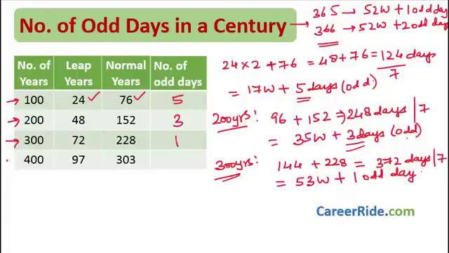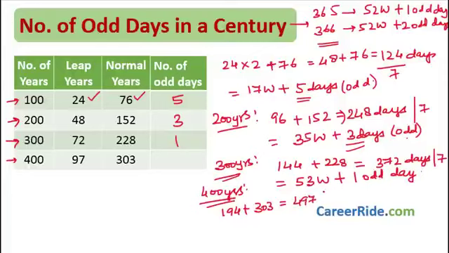Okay. Now let us see what happens when I get a period of 400 years. I have a period of 400 years here. What happens? I get 97 multiplied by 2. What is it? It is 194. 194 plus 303. This is nothing but 497.